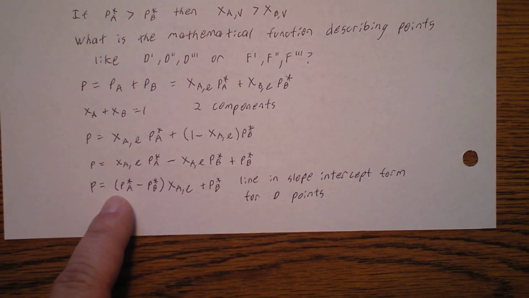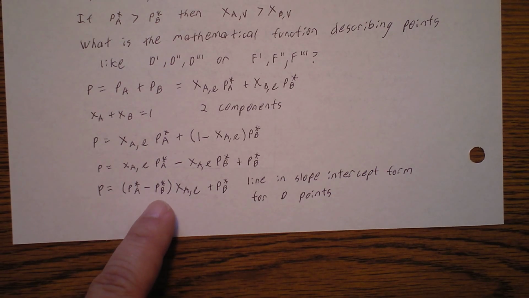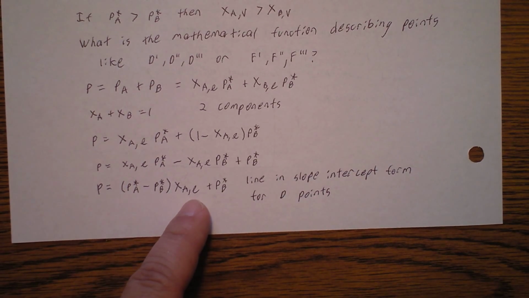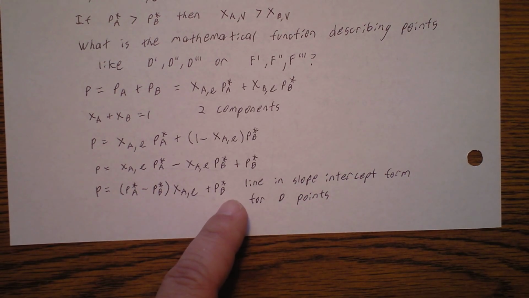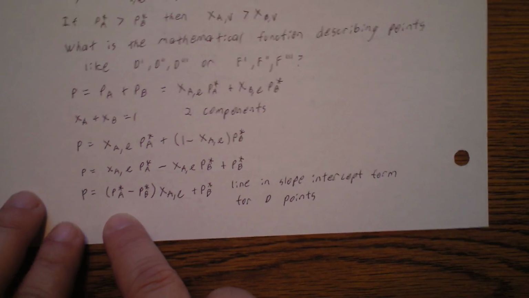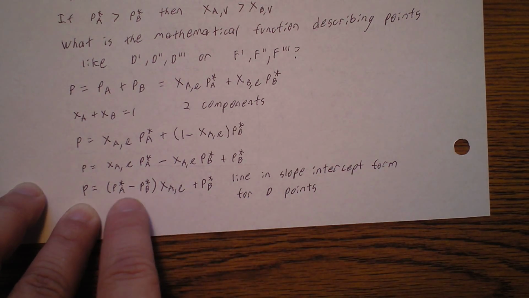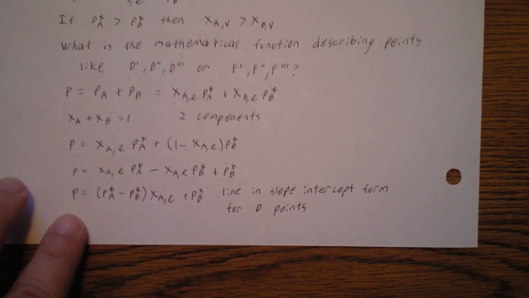So we get the pressure is equal to the pressure of pure A minus the pressure of pure B times the mole fraction of A in the liquid phase plus the pressure of pure B. Now, the reason we wrote this like this is because we have a straight line. It's in slope y-intercept form. This will find our D points.